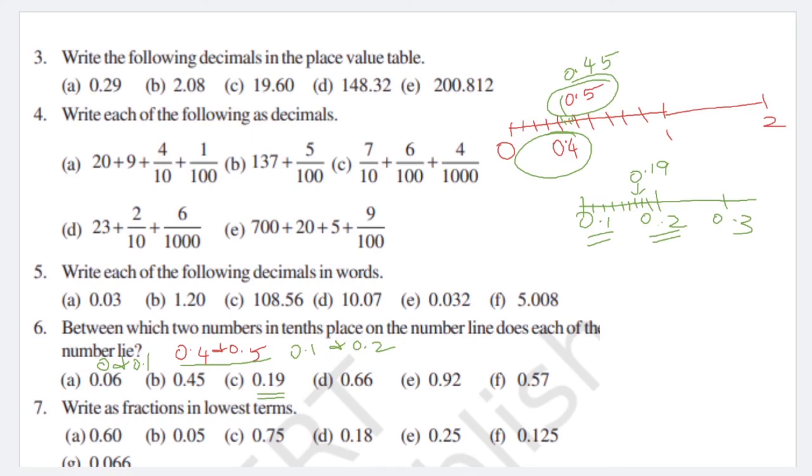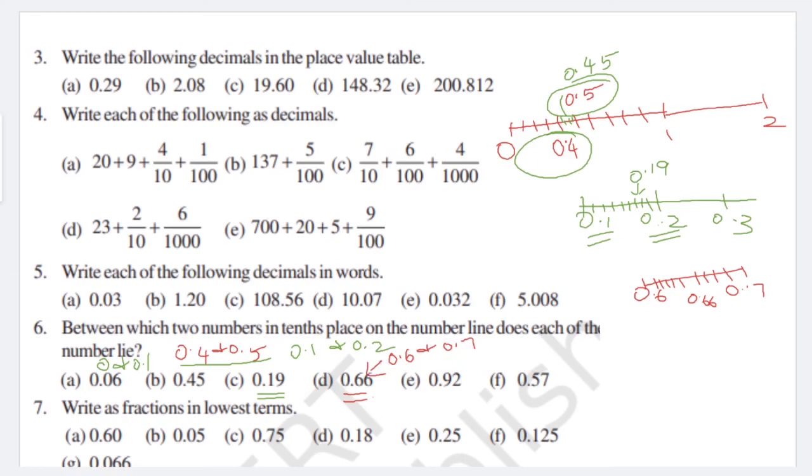The next one, 0.66. 0.66 means between 0.6 and 0.7. This will be 0.6, here you will have 0.7. Between them there will be 10 divisions, and here you will have 0.66. So this number is lying between 0.6 and 0.7.